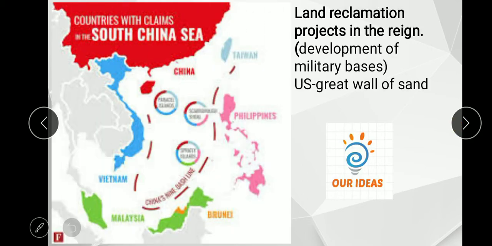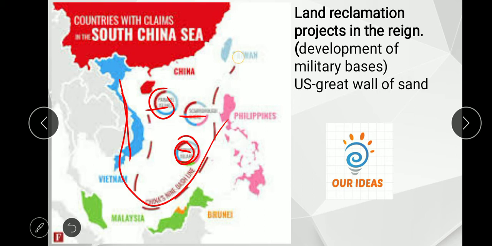In this map there are 5 countries and 3 islands: Paracel, Scarborough Shoal, and Spratly. Spratly Island is a bone of contention between Vietnam, Taiwan, and China, and Scarborough Shoal is a bone of contention between China, the Philippines, and Taiwan.